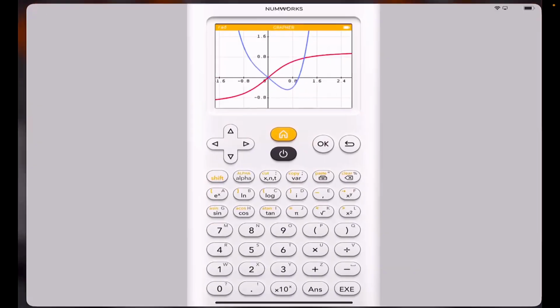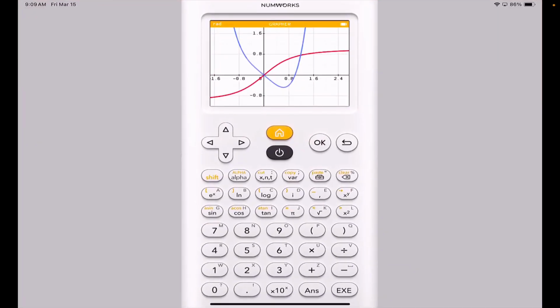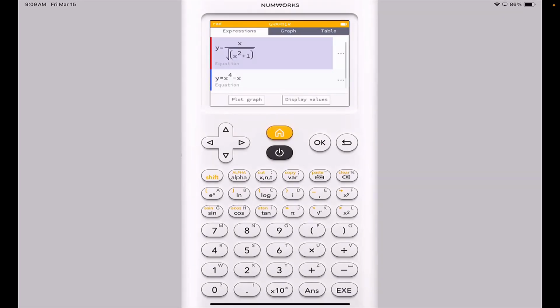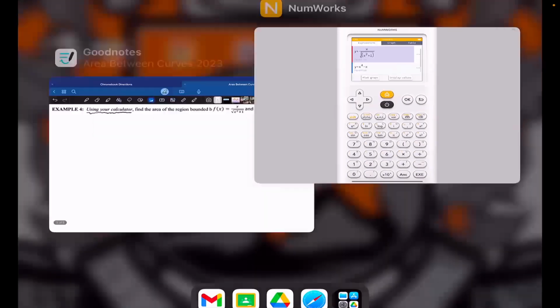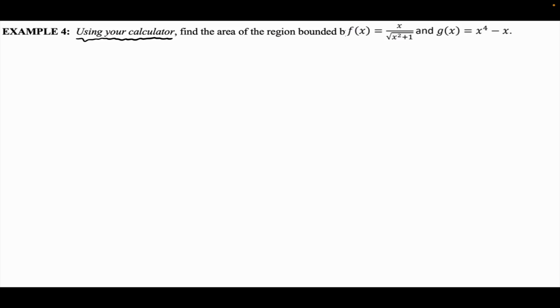Yeah, it's easy. So there's an easy way to check, right? Go back and say, okay, so on mine, it was the red that was on top. Which one was the red again? Oh, the red was F, right? So F is on top, G is on bottom. Good. So I'm going to go write that down. F is on top, G is on bottom.